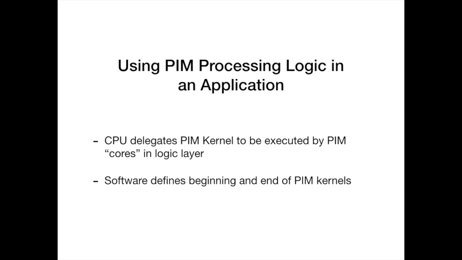Although implementations do vary, it is common to expect the compiler or programmer to specify which code should be offloaded to be executed by the PIM core. So for example, in your high-level programming language, you could have a macro that defines which code block should be executed as a PIM kernel.